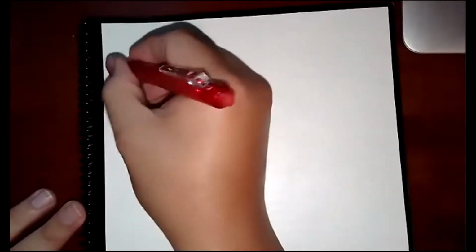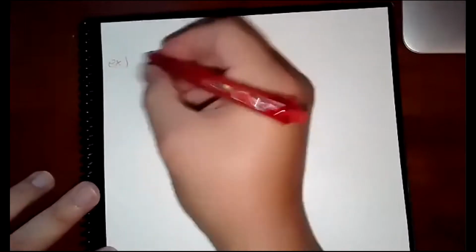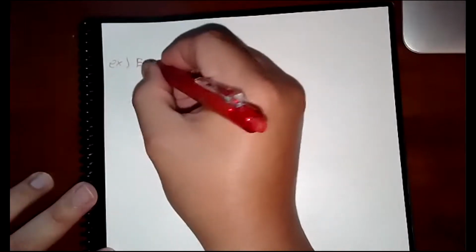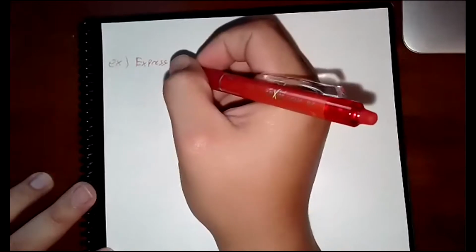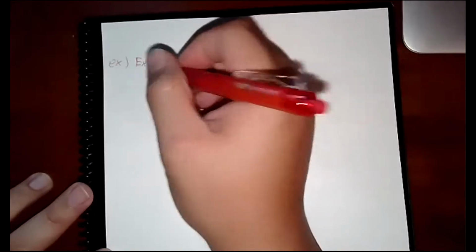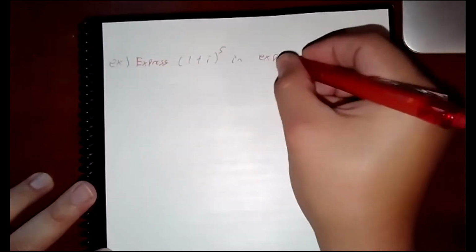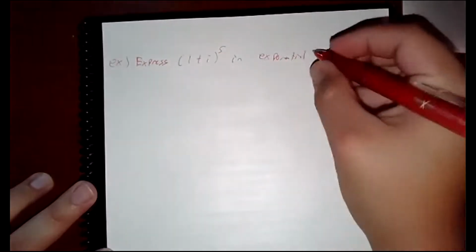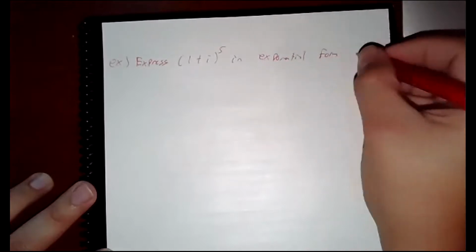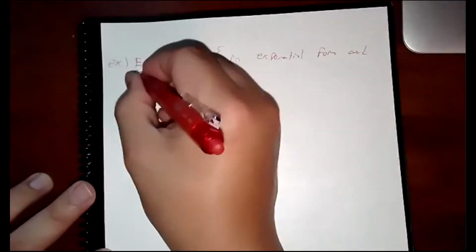All right. Do a similar one, but this time it's not going to be in the trig form. 1 plus i to the 5th, in exponential and rectangular.